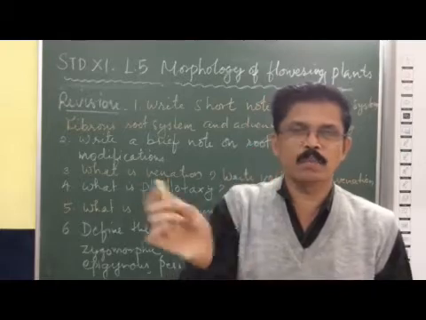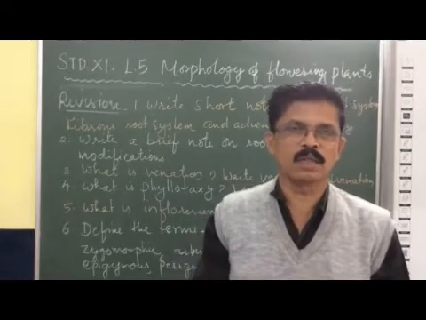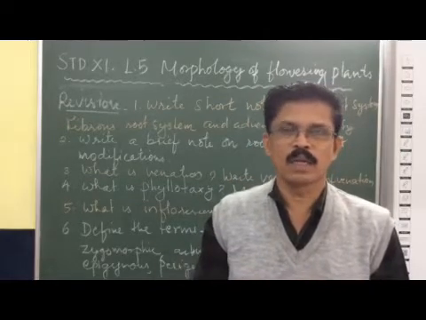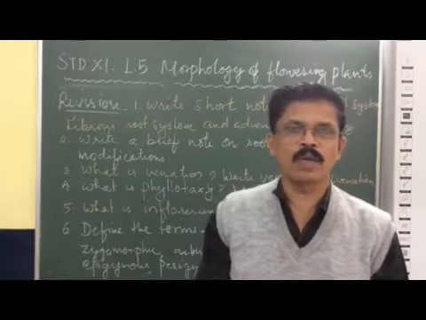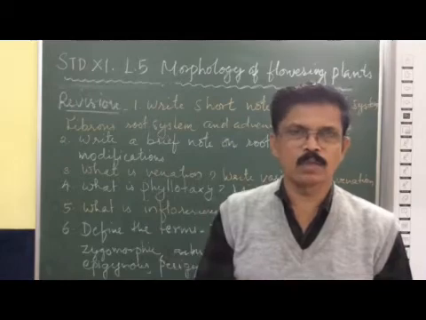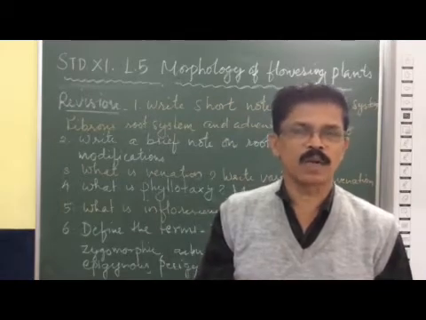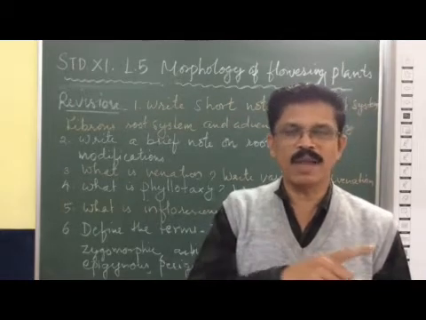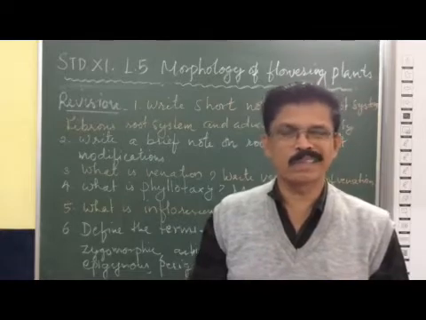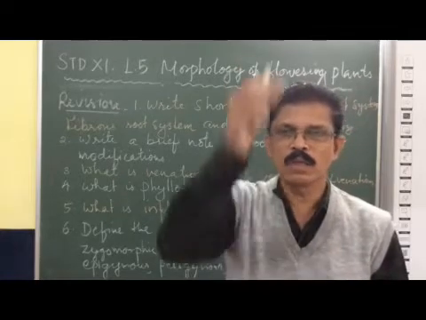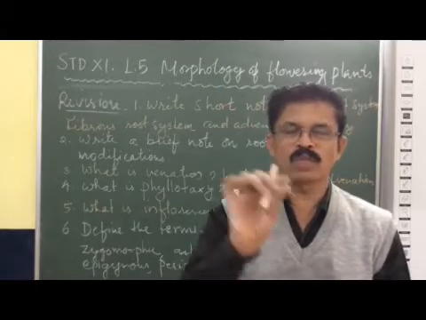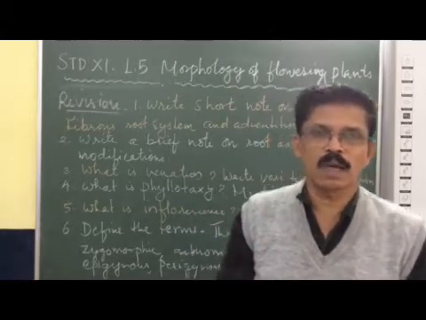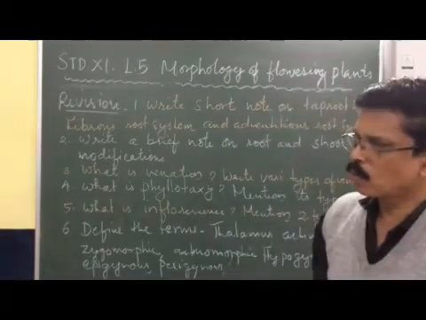It produces many branches and rebranches: primary root, secondary roots, tertiary roots. So the radicle of the embryo grows deep into the soil and forms the primary root, which produces branches called secondary roots and tertiary roots. Such a root system with a main root or taproot along with the branches is called taproot system.